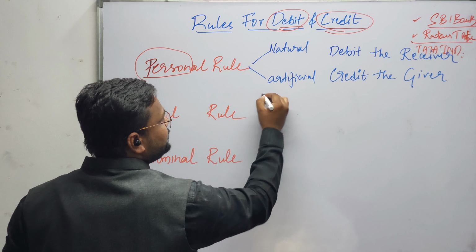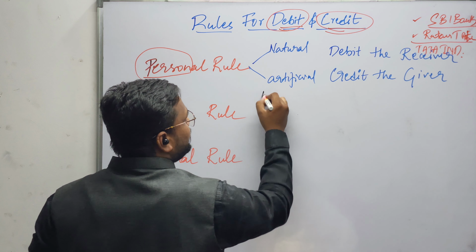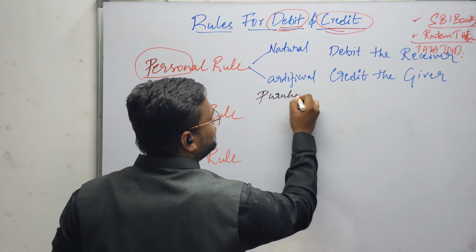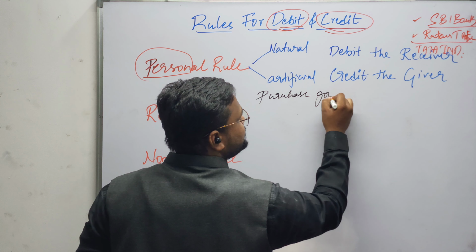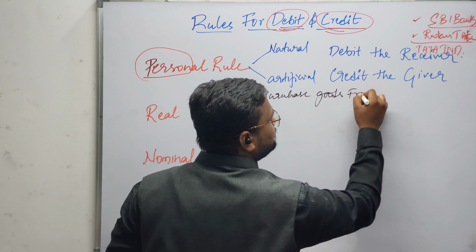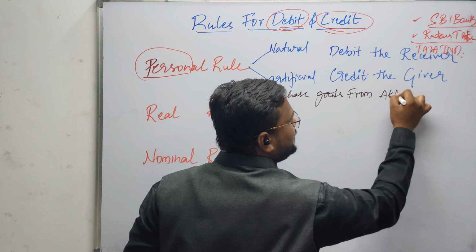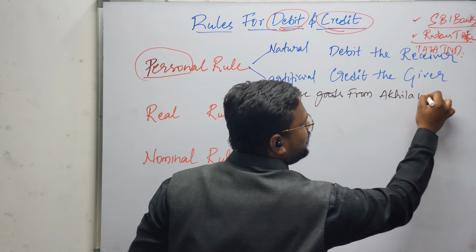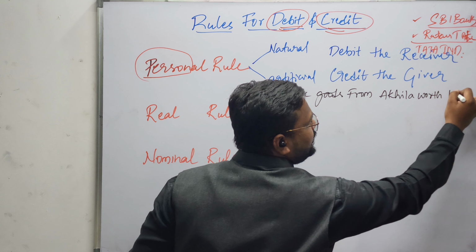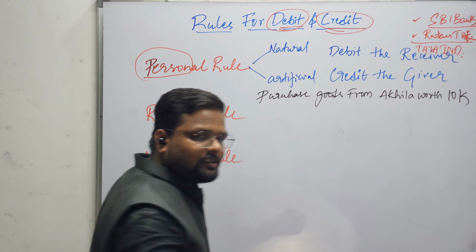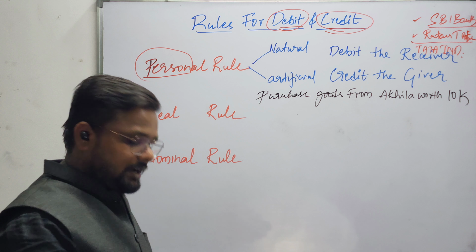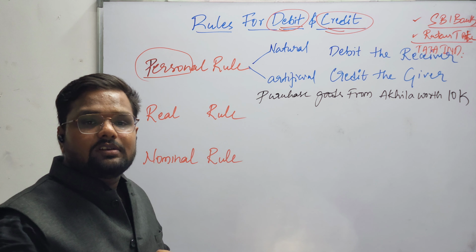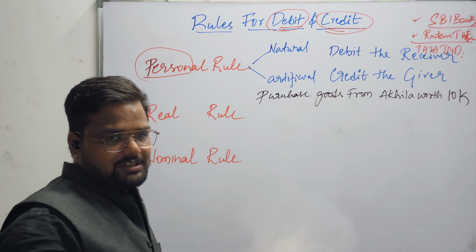The transaction is: purchased goods from Akhila worth 10,000. Now we need to identify whether any person is attached to this.